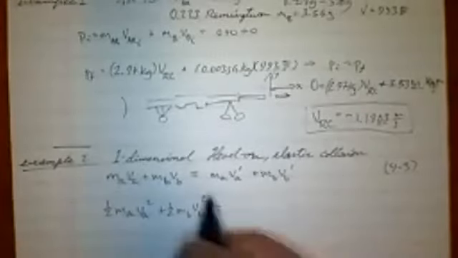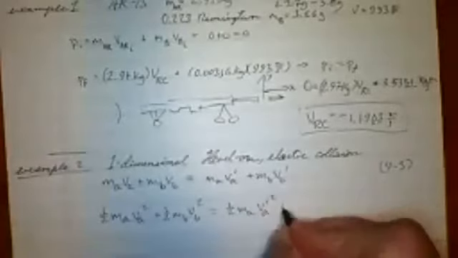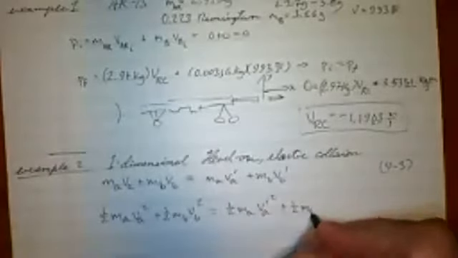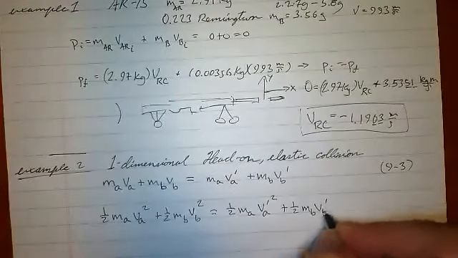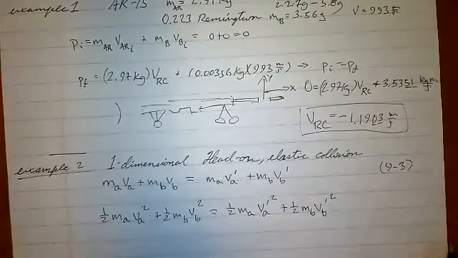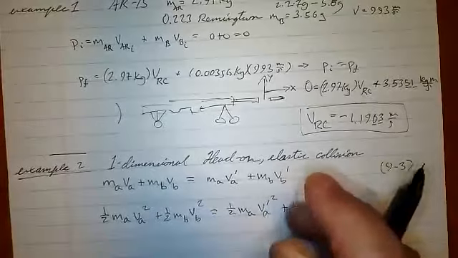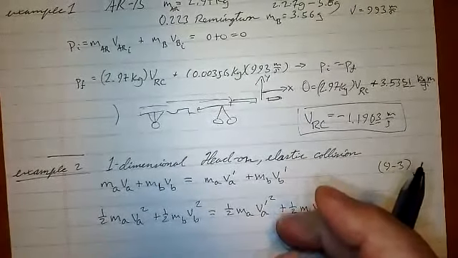Again, this is the kinetic energy initial. So now I'll write it equal to 1/2 MA VA prime squared plus 1/2 MB VB prime squared. And that's another equation. That's conservation of kinetic energy.